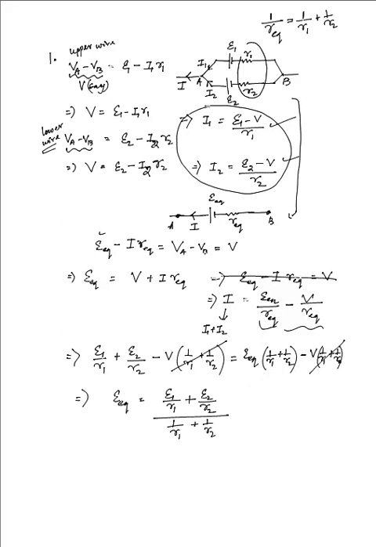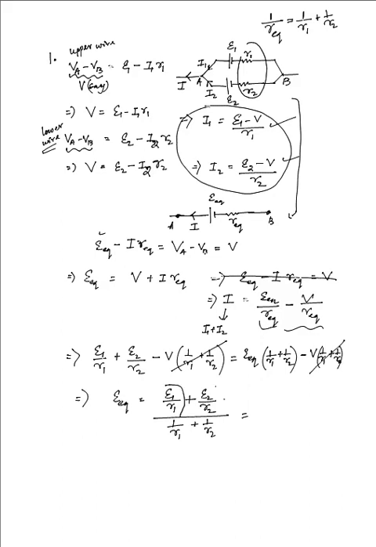And if we wish to determine the value completely, then we can just solve it further. You can remember this quite easily, because you have E1 by R1 to be the current, E2 by R2 to be the current.